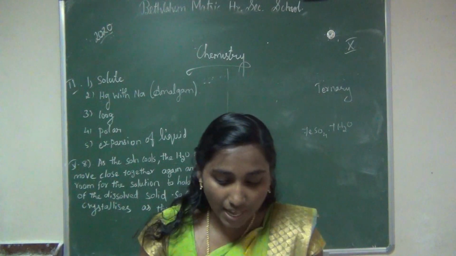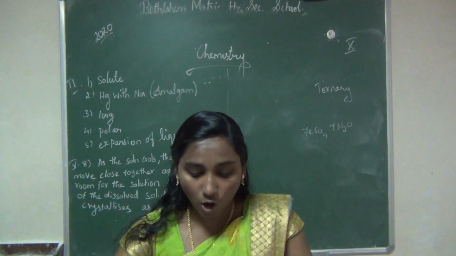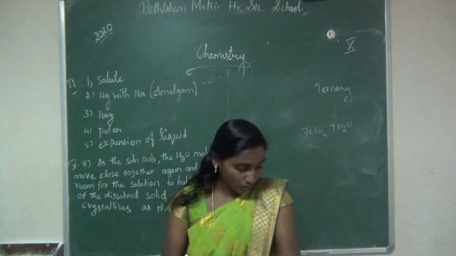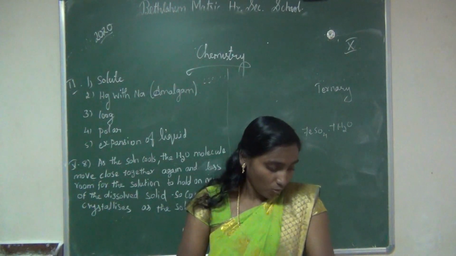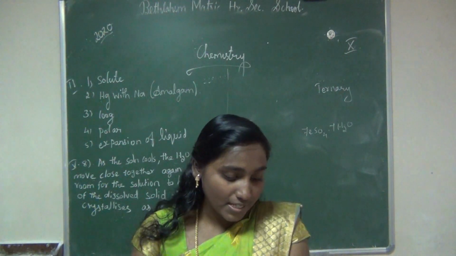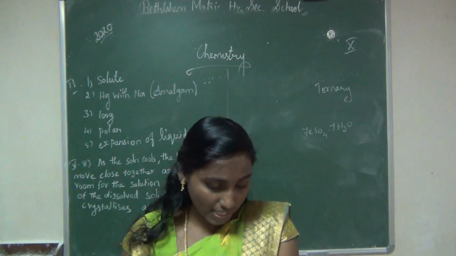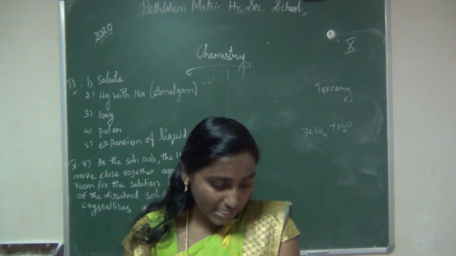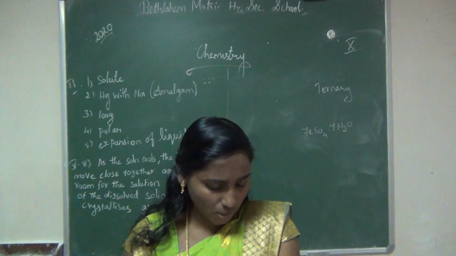Note it. The 9th one: classify the following substances into deliquescent and hygroscopic. See your book. What are the examples they have given under this question? Concentrated sulfuric acid, copper sulfate pentahydrate, silica gel, calcium chloride and gypsum salt.